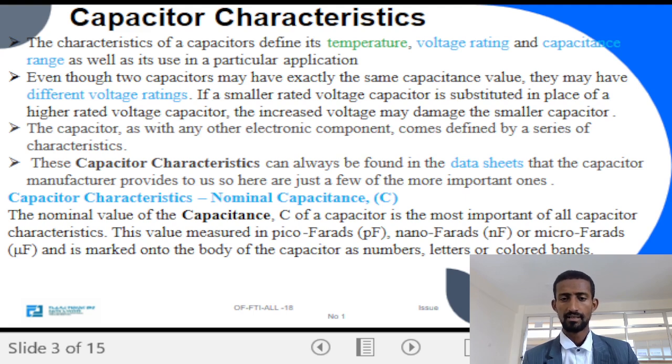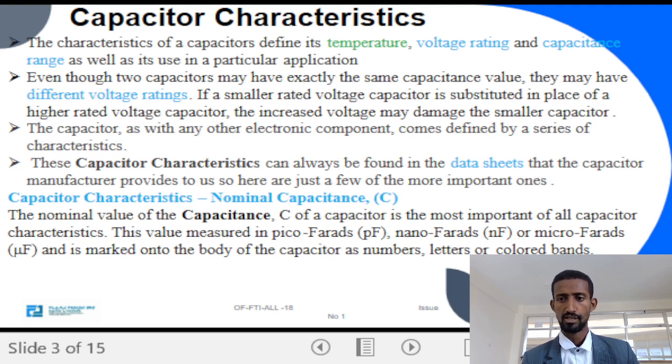The first capacitor characteristic is nominal capacitance. So what does nominal capacitance mean? The nominal value of the capacitance C of a capacitor is the most important of all capacitor characteristics. In the manufacturer datasheet, we will observe the nominal capacitance, and it may also be printed on the capacitor body.